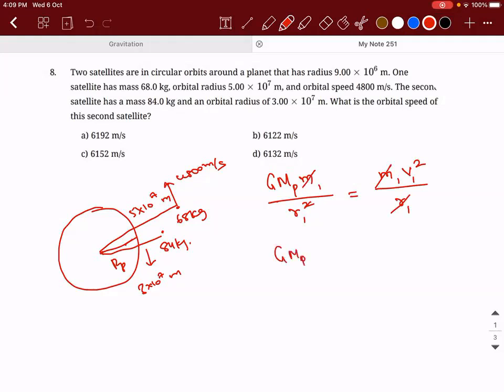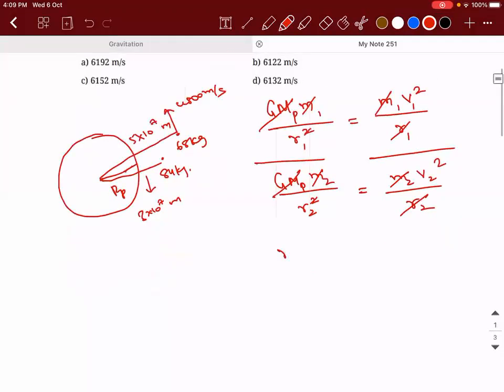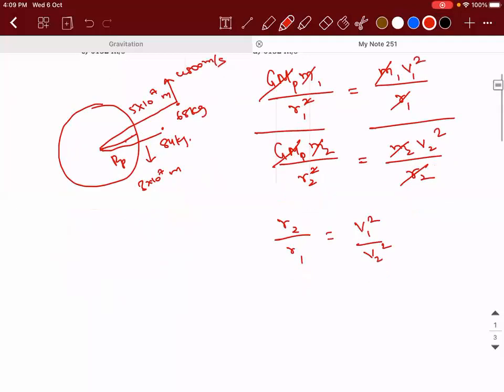Similarly, for the second one, G MP into mass of the second satellite divided by R2 square is equal to M2 into V2 square divided by R2. This will get cancelled. M2 and M2 are gone. So if you divide both, what will you get? GMP is also gone. Then R2 divided by R1 will be equal to V1 square divided by V2 square.